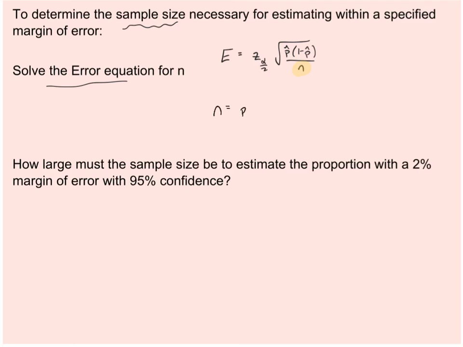n is equal to p hat times 1 minus p hat times z alpha over 2 over e, squared. So I just put that in there as its own formula. Those of you that love algebra, feel free to see if you can produce that from the original error equation.